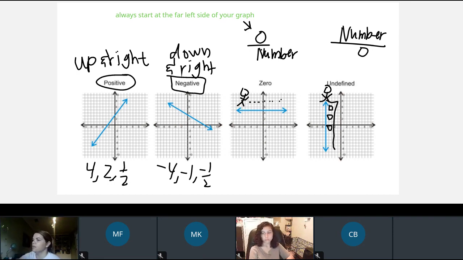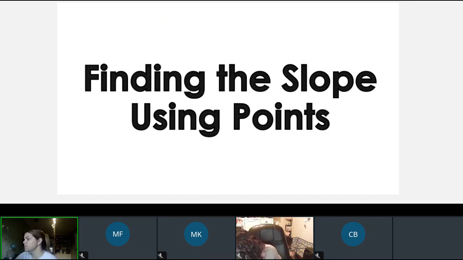Okie dokie. Let's talk about finding slope using some points. I'm sure you guys have seen the slope dude. There's like a happy face and it will tell you. Oh, here it is. Let me show you him.